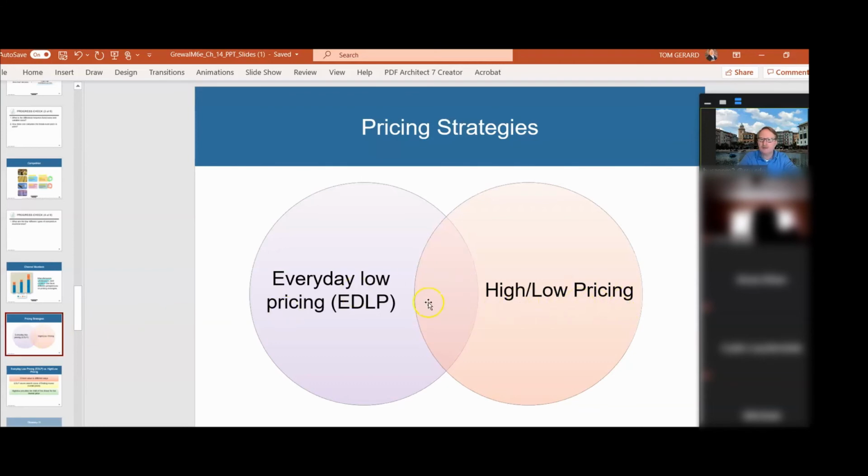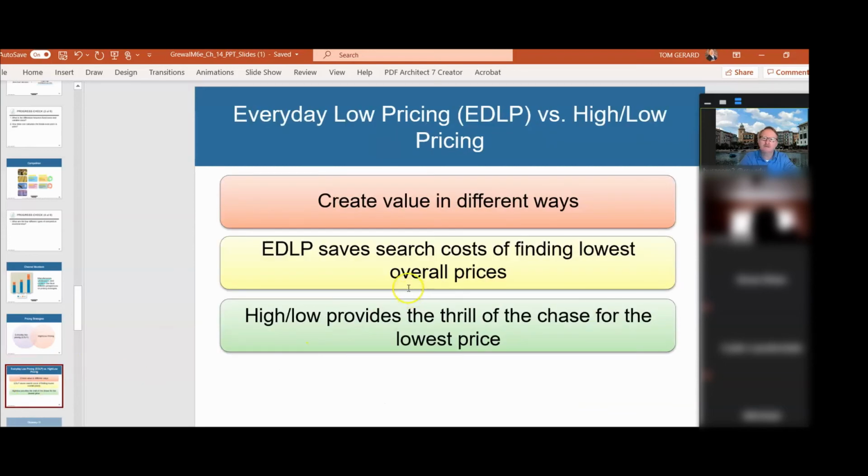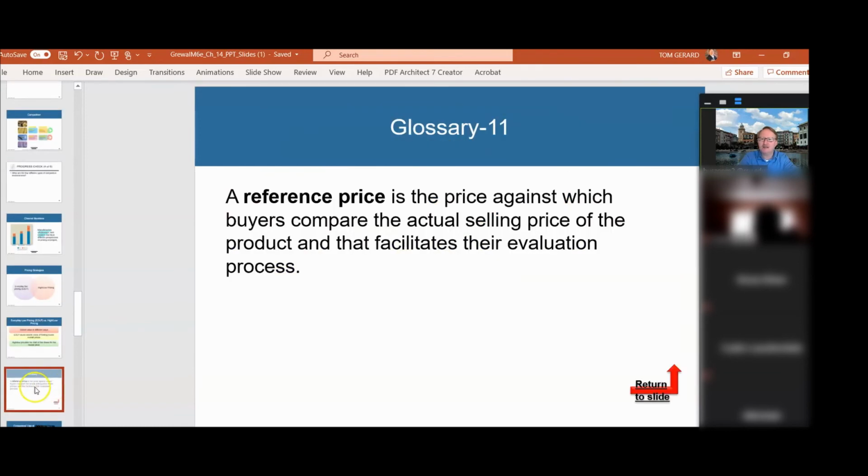They go up and down depending on what's on sale. Frito-Lay the same way. The chips. Super Bowl, cheap. Other weeks, more money. Okay, everyday pricing.